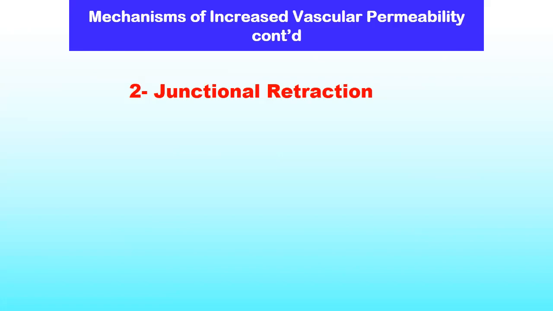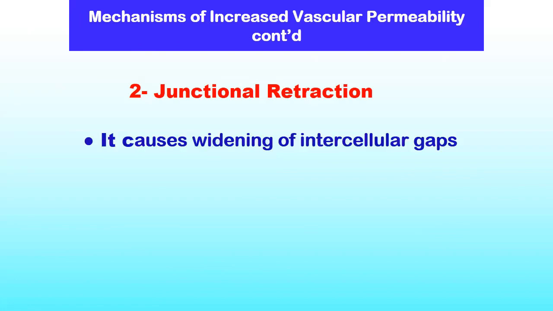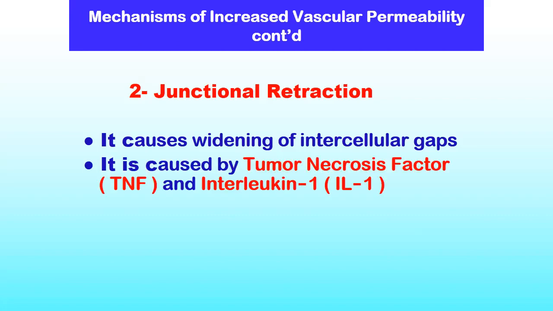The second mechanism of increased vascular permeability is junctional retraction. It also causes widening of intercellular gaps, similar to the first mechanism of endothelial cell contraction. It is caused by chemical mediators such as tumor necrosis factor and interleukin-1.